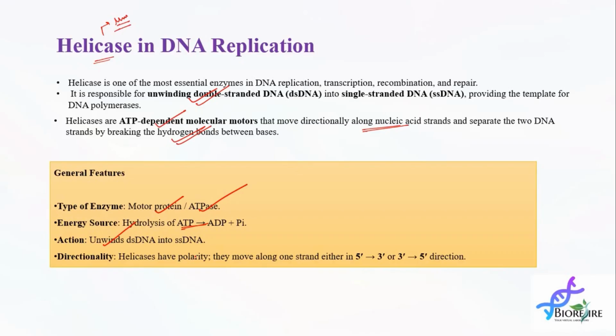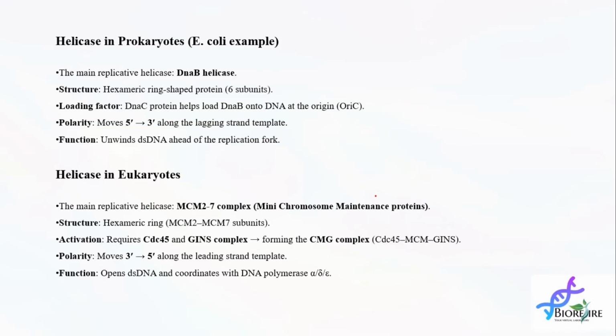Regarding directionality, it is 5' to 3' and 3' to 5'. In prokaryotes, the helicase protein is DnaB. In eukaryotes, the helicase protein is the MCM complex.